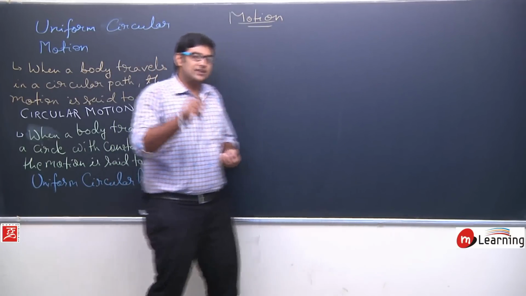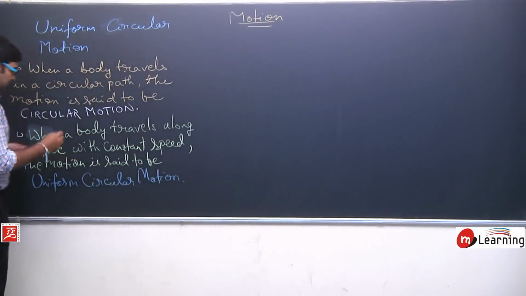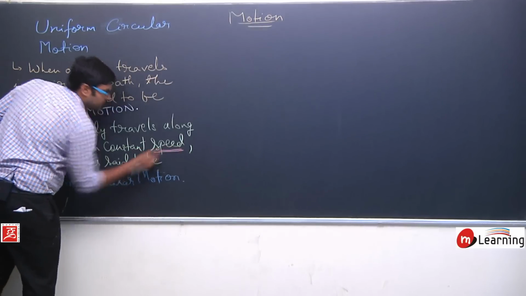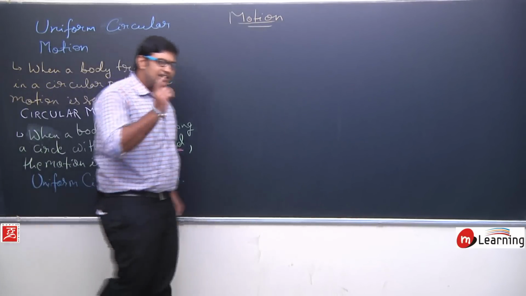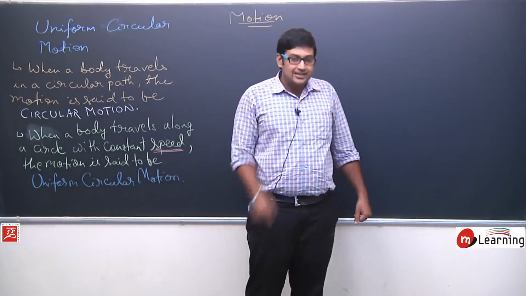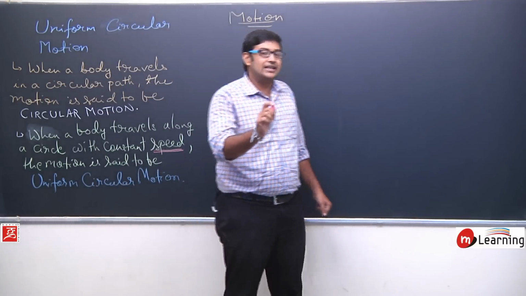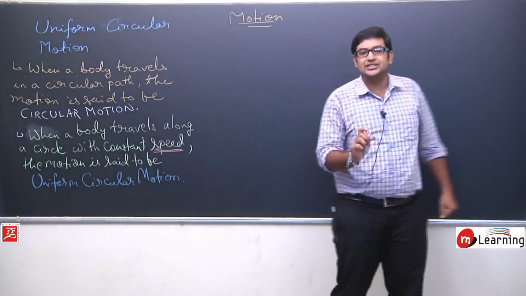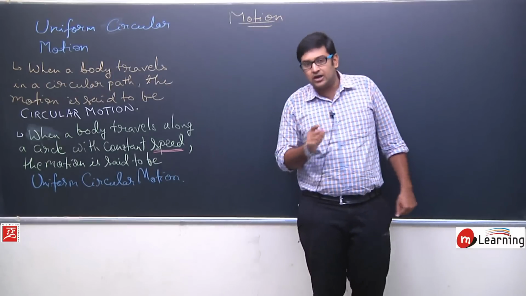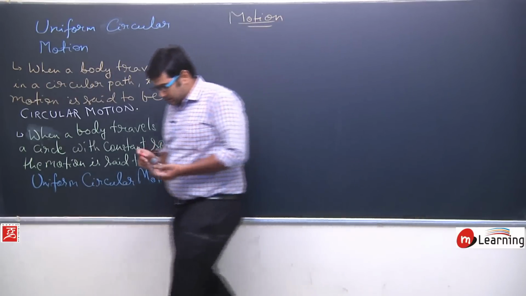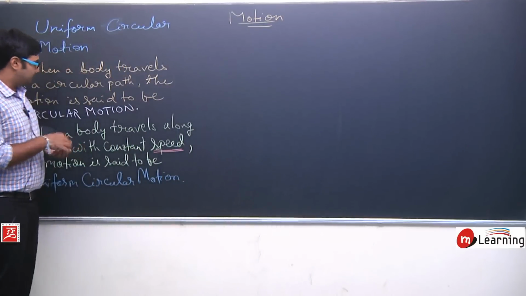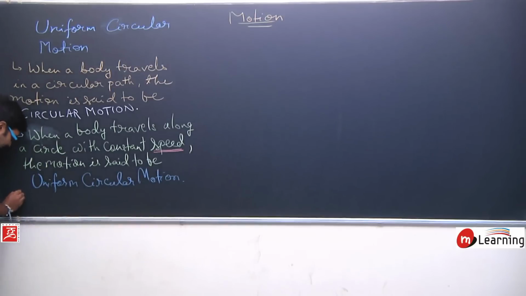Now you may wonder why I am writing here the term speed. Why not velocity? The reason is velocity cannot be constant when an object travels along a circular path. So let me write the point here.